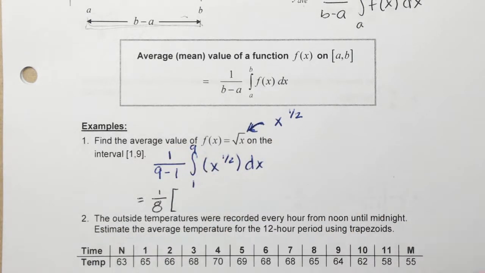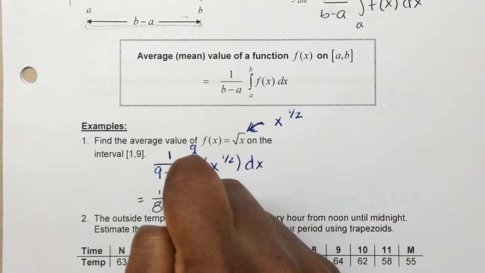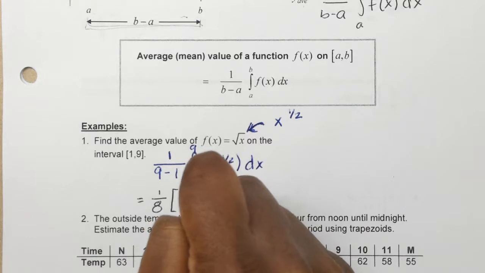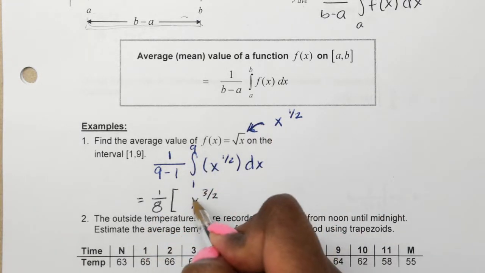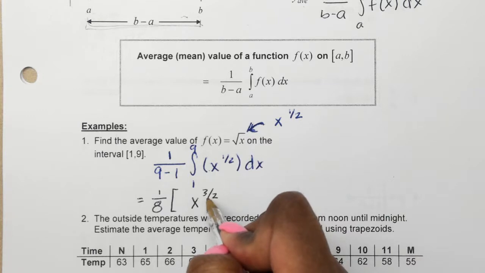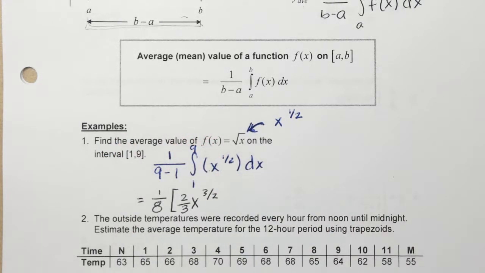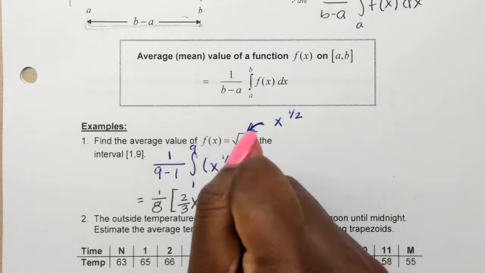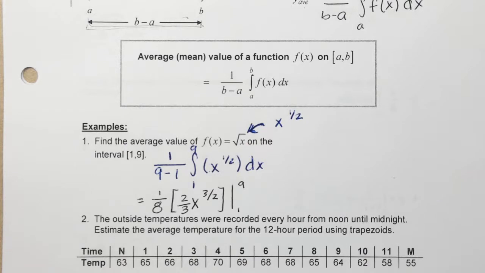And we're going to multiply that by, and if we find the antiderivative of x to the 1/2, we're going to add 1 to our exponent, so we have 3/2. And then we're going to divide our coefficient by our exponent, so we'll get 2 over 3. Okay, and we want that from 1 to 9.